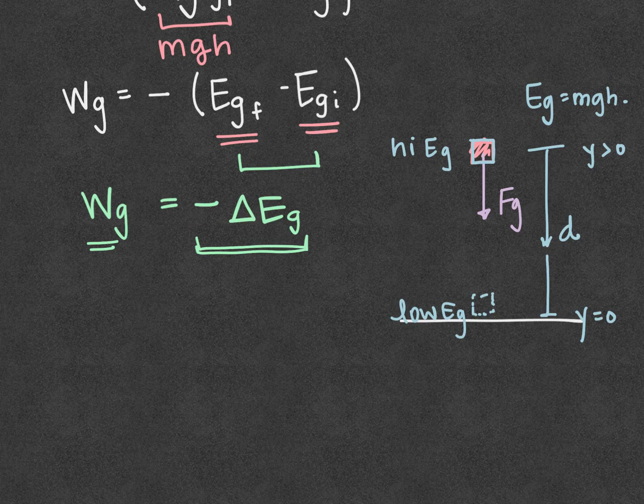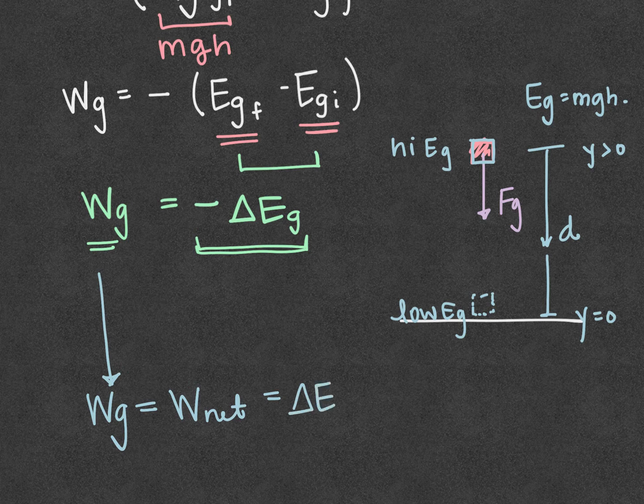Now, if that is the only force doing any work, then the work done by the gravitational force is the net work or total work done. Before, we saw that the net work is equal to a change in kinetic energy.